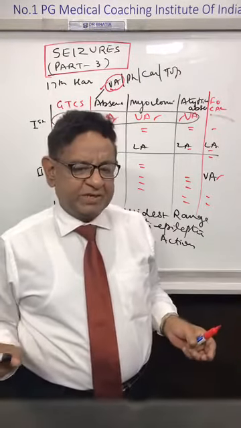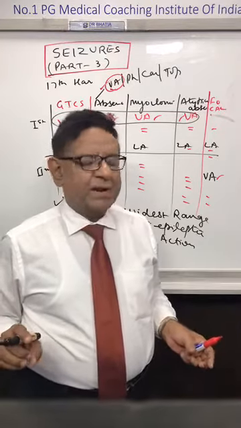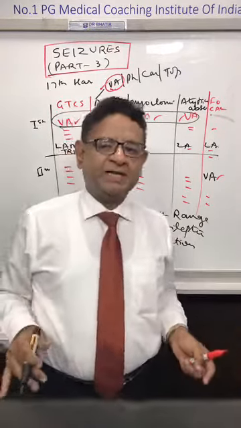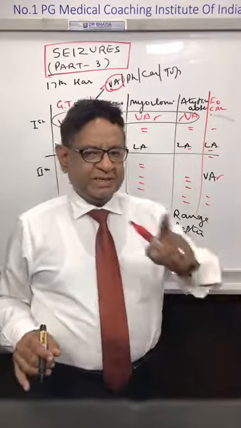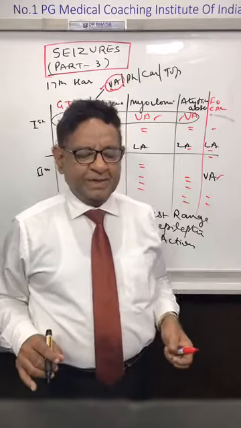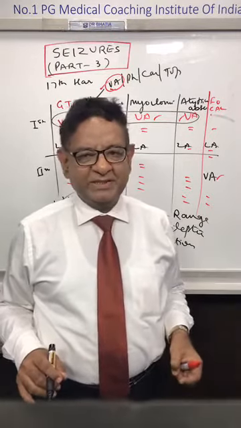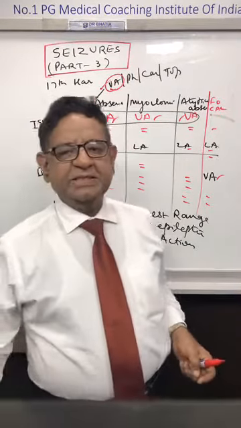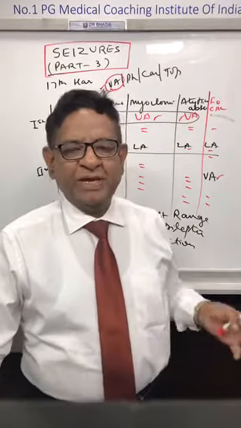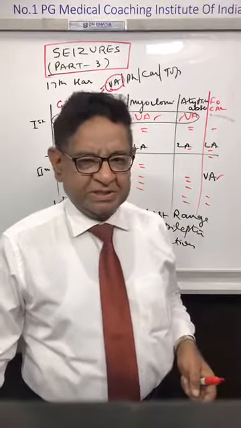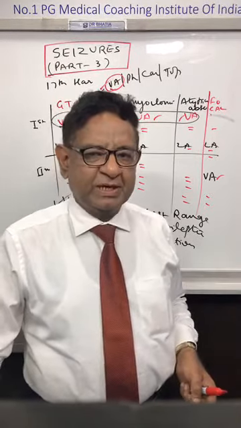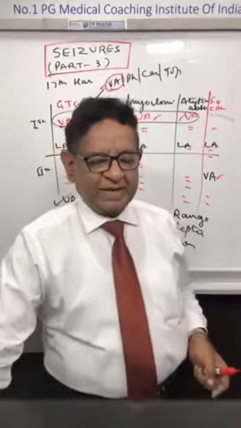Suppose both are in the question, what to choose? Both will never be there, because these questions are set by very high profile professors of AIIMS and prestigious institutes, and they will never commit the blunder of keeping two drugs having the same type of action.